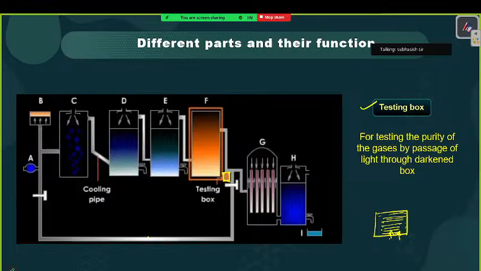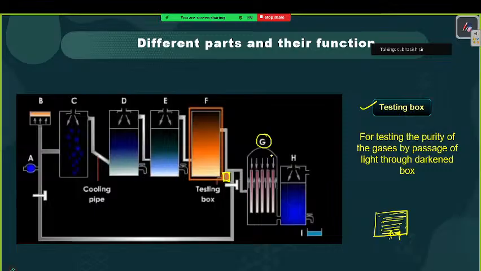And after it is confirmed from the testing box that there are no dust particles present, that gaseous mixture is led into the G step.